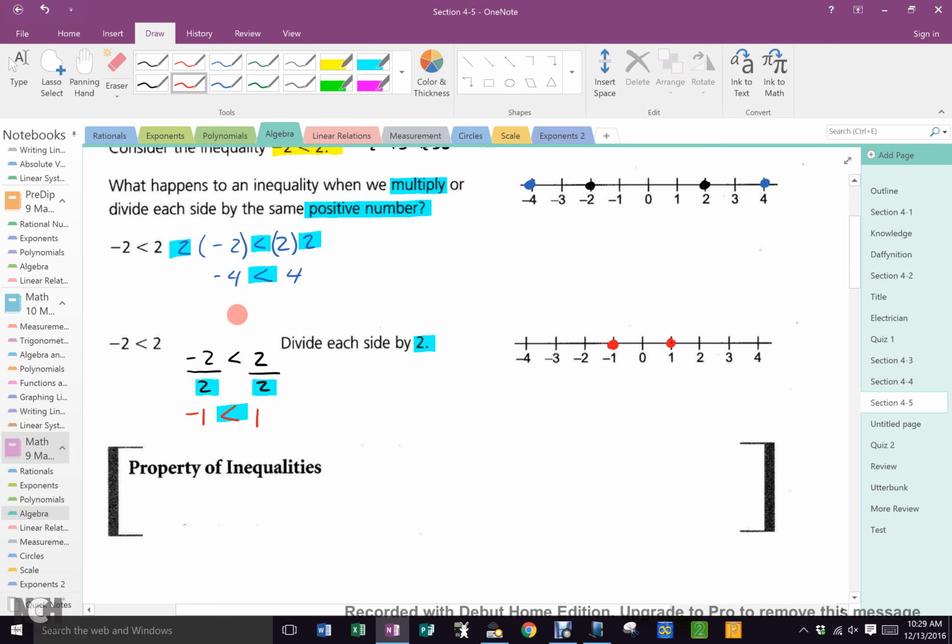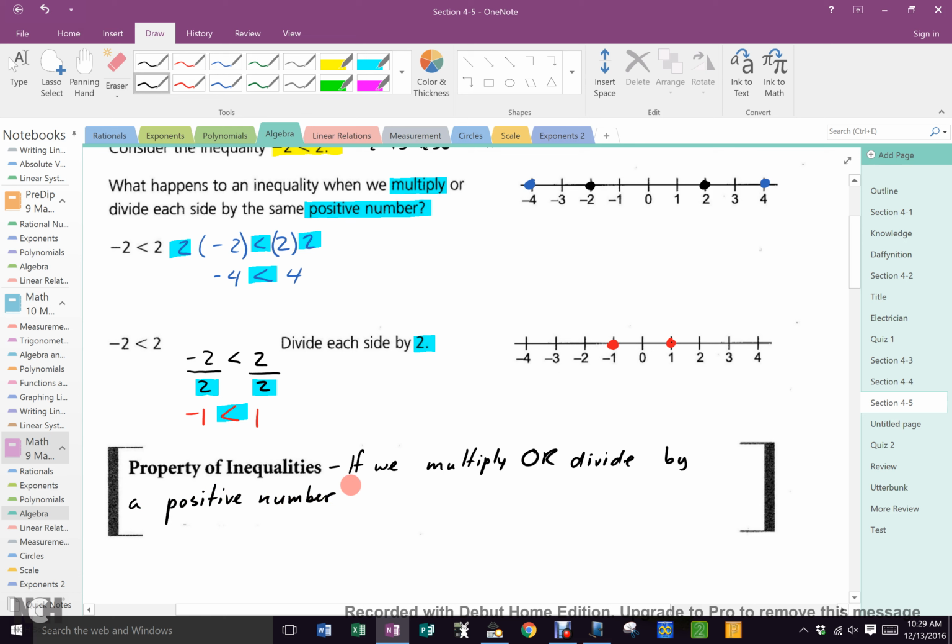So what does that mean? We did it once. If we do something once in math and it works, what do we know? That it will always work. So what is the rule that we just figured out? If we multiply or divide by a positive number, what happens to the inequality?